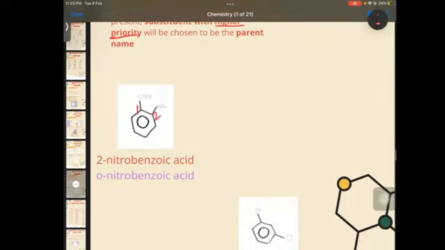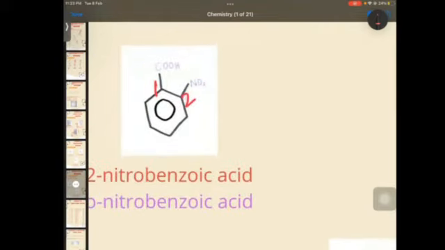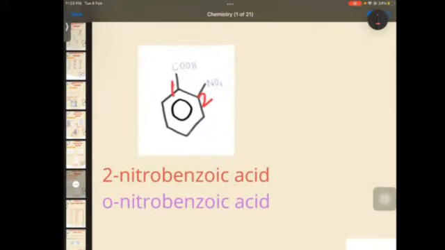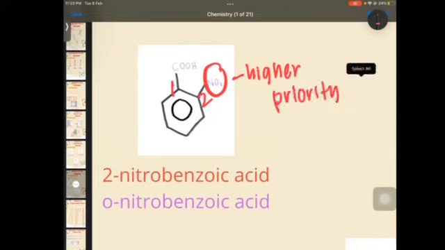So, in this part, we will choose COOH to be the parent name because COOH is the higher priority than NO2. So, it should be 1,2-nitrobenzoic acid. So, 1,2 is ortho and the symbol is O. So, it will be o-nitrobenzoic acid.